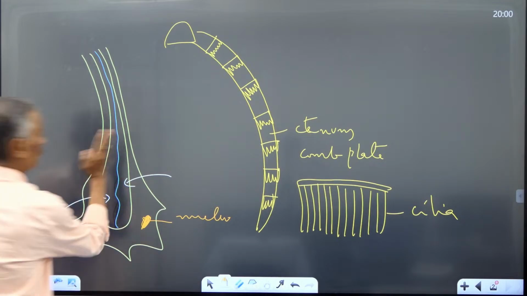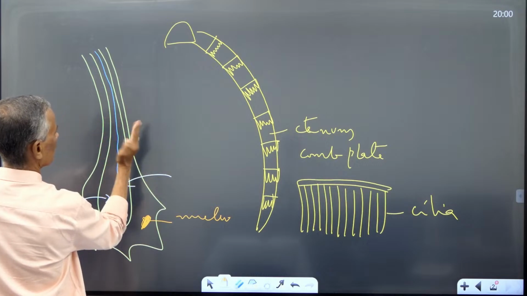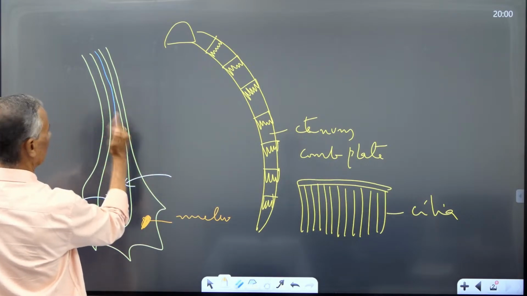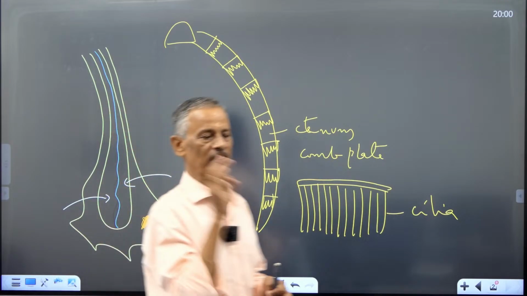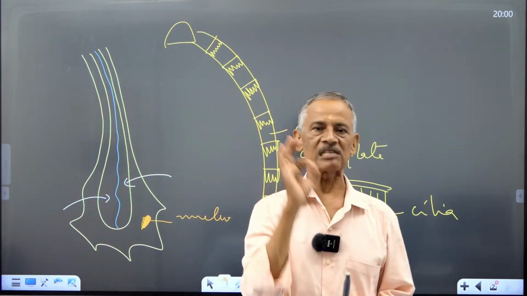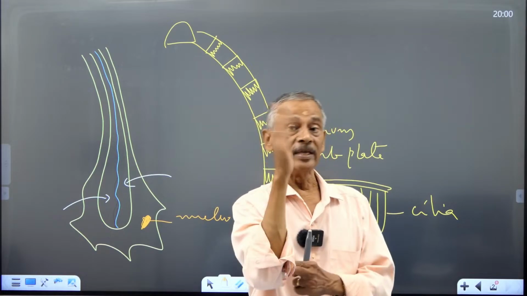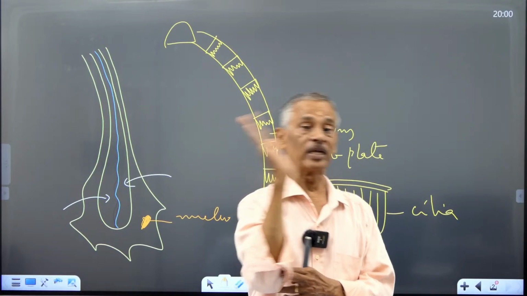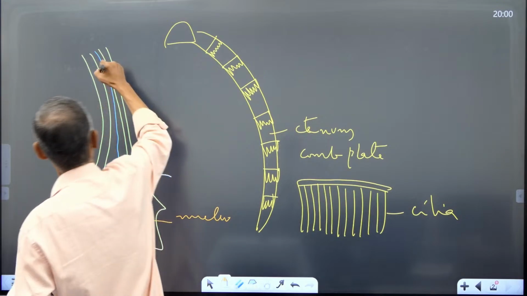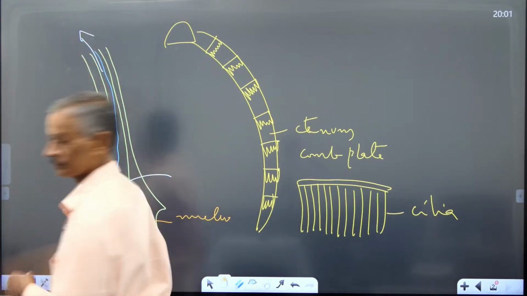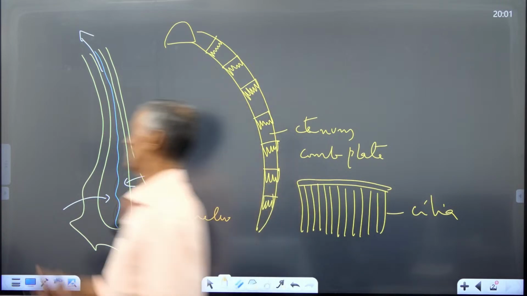Now, the flagellum slowly moves just like the flickering movement of a flame, like the flame of a candle or lamp, so that the waste materials are pushed out. That is why it is called a flame cell.